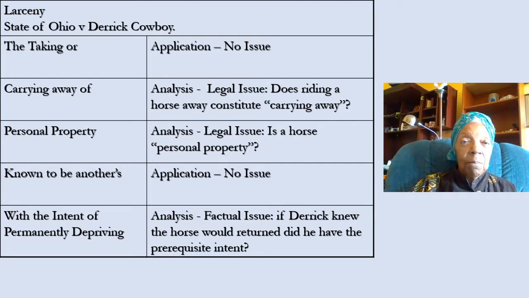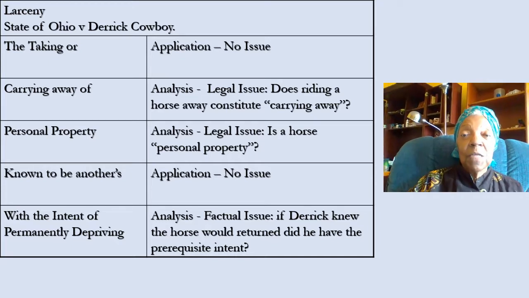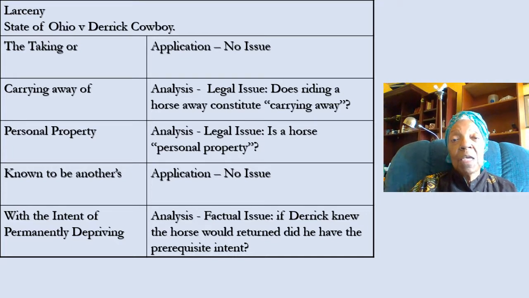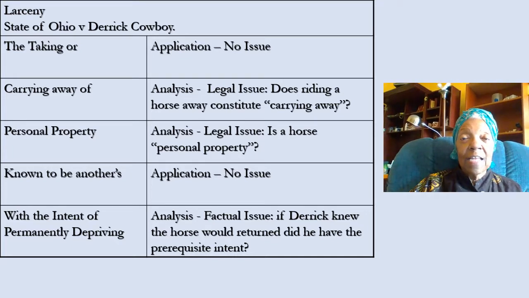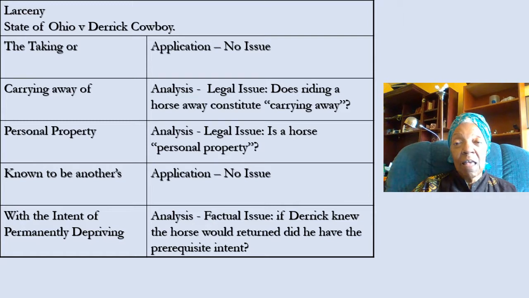So, when you talk about element issues, you have 1, 2, 3 elements that you would have to discuss, but you have 1, 2 applications that you would have to say are satisfied, and you would have to tell the reader that they are satisfied and tell them which facts satisfy them.